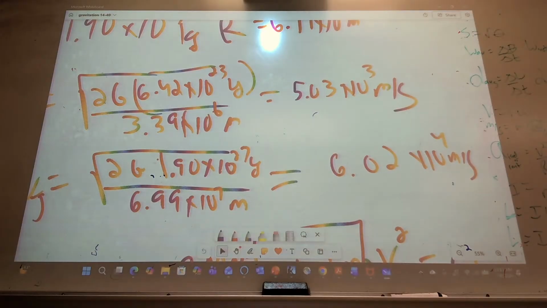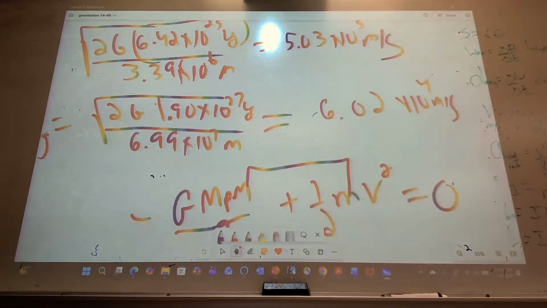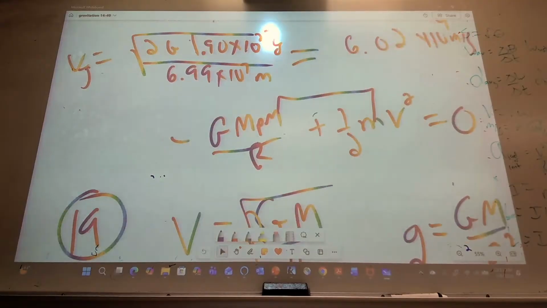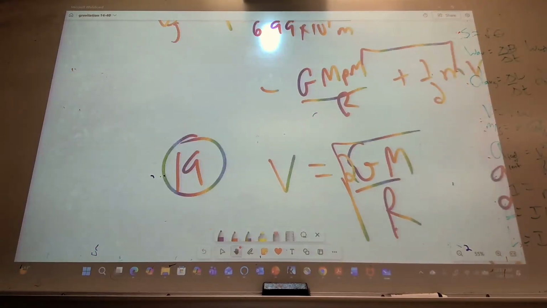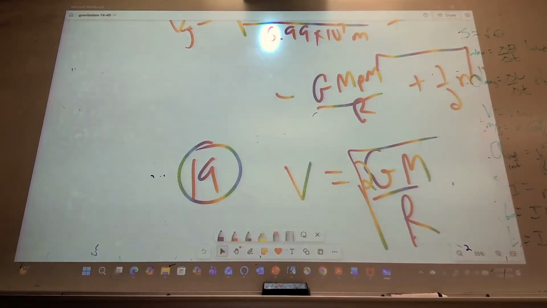When you finish with 19, you can do 21. Okay, so you just plug in the numbers they gave you, square both sides, isolate your m.